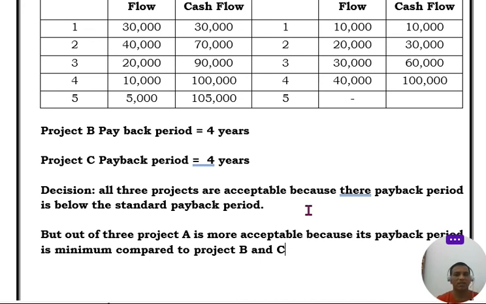It may be an exact number of years, or it may be in between the years. So you have to apply the interpolation formula, find the base year, and up to the base year how much is the recovered amount. Then the balance still to be recovered, divided by the next year's cash flow, gives you the payback period.